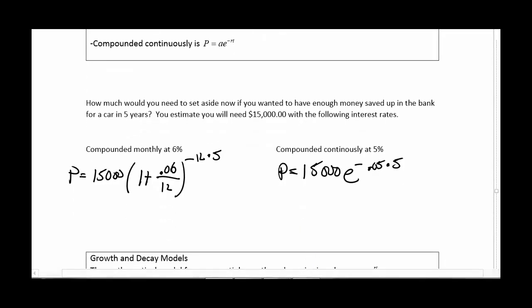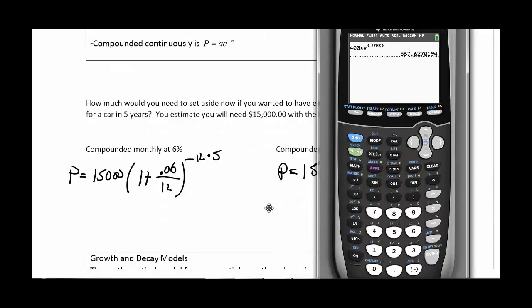So let's start with the compound monthly rate. So clear that out. So 15,000 times parentheses 1 plus 0.06 divided by 12. Then we're going to raise that to the, then I'm going to do another set of parentheses, negative 12 times 5.